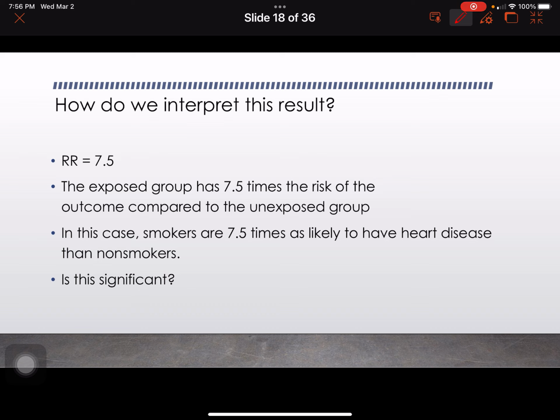But with an answer of 7.5, we can definitely call this difference in risk significant. When reporting it, we would say the exposed group has 7.5 times the risk of the outcome than the unexposed group. Or in this case, smokers are 7.5 times as likely to have heart disease as non-smokers. This is made up data, by the way, just for the sake of practice.